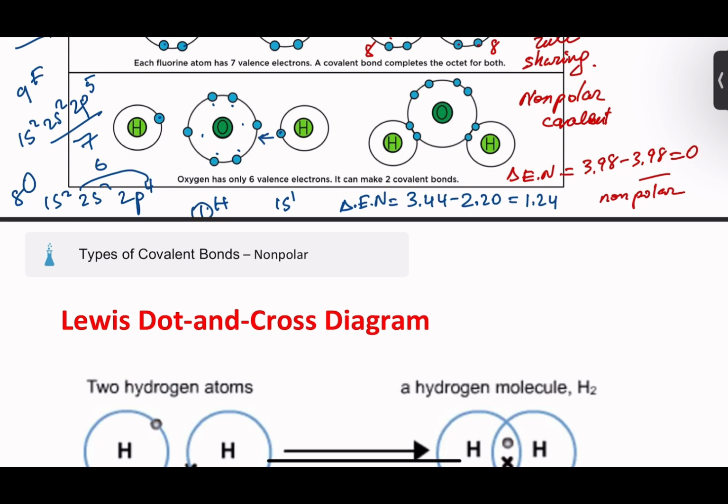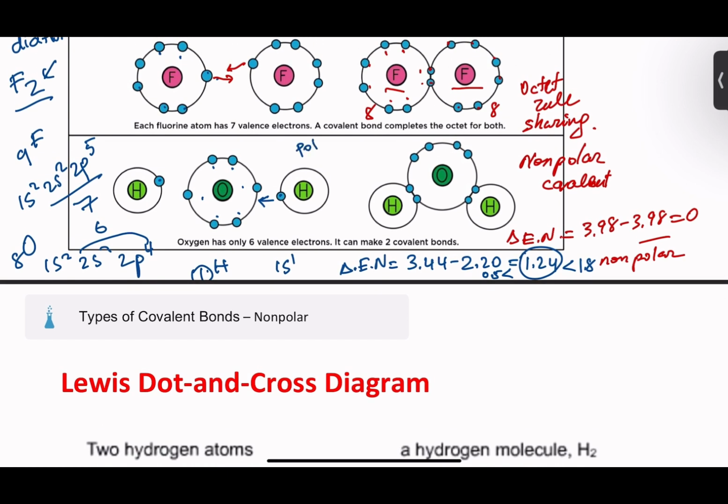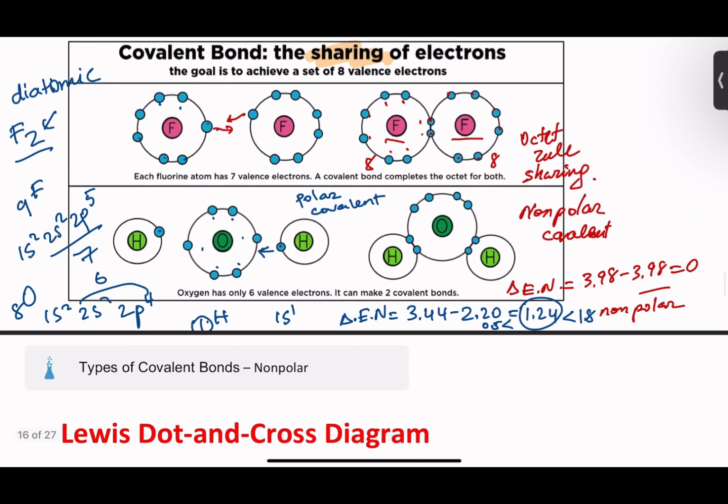Because it is less than 1.8, it is a covalent bond. But because it is more than 0.5, it is going to be a polar covalent bond. And the way it happens is that hydrogen shares electrons, oxygen shares, hydrogen shares, and oxygen shares.